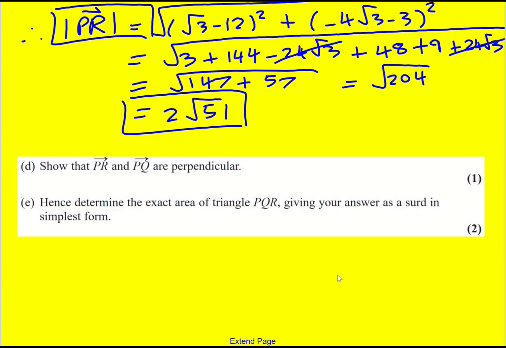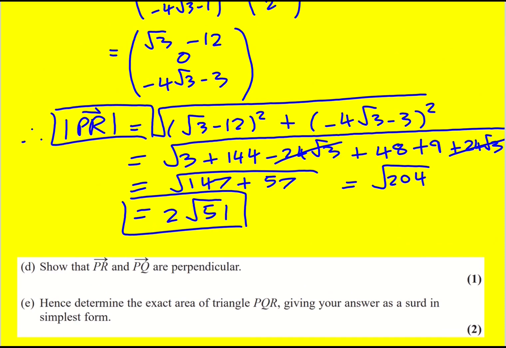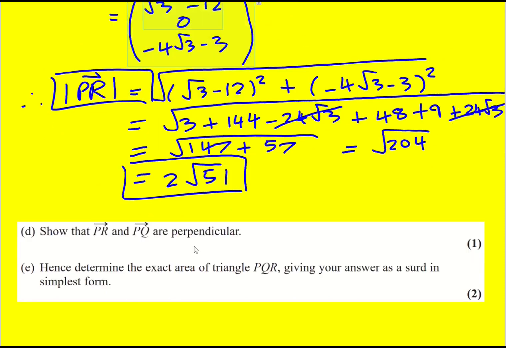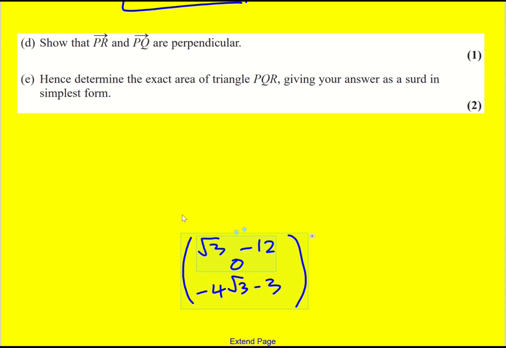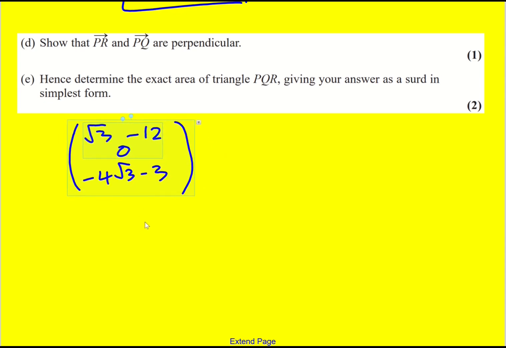Okay, now we're asked to show that PR and PQ are perpendicular. So we've worked out PR. Here it is. So just need to work out PQ, which will be OQ minus OP.